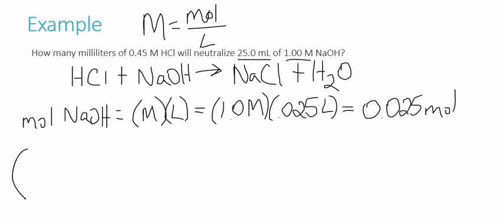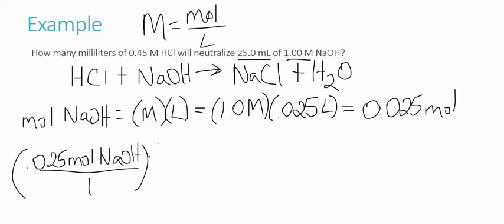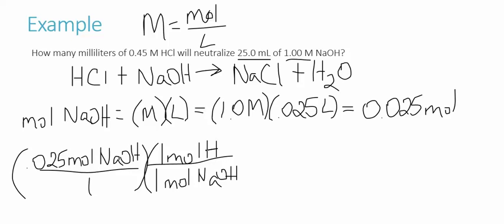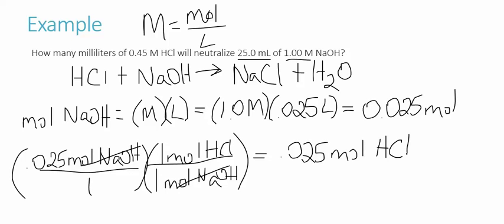Once I have the moles of NaOH, we can do a mole-to-mole ratio based on the balanced chemical equation, and I can solve for HCl. Balanced chemical equation, there's 1 mole of NaOH for every 1 mole of HCl. And so that would leave me with 0.025 moles of HCl.